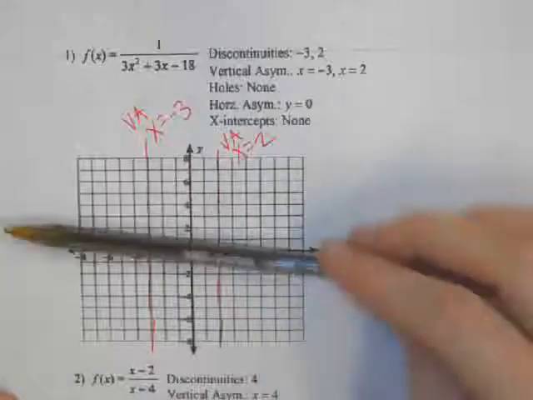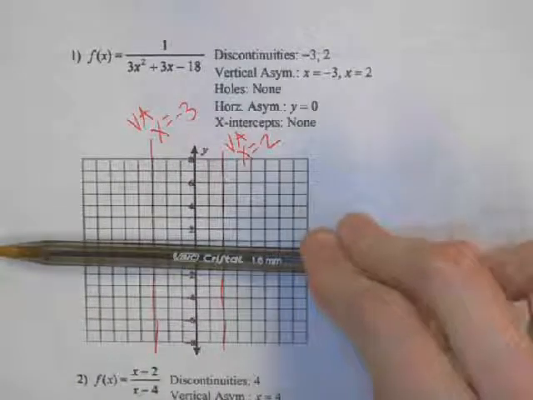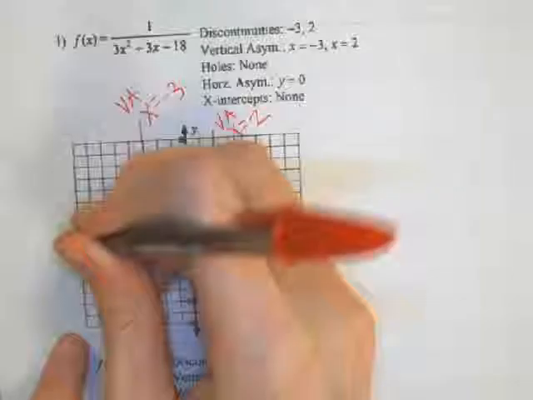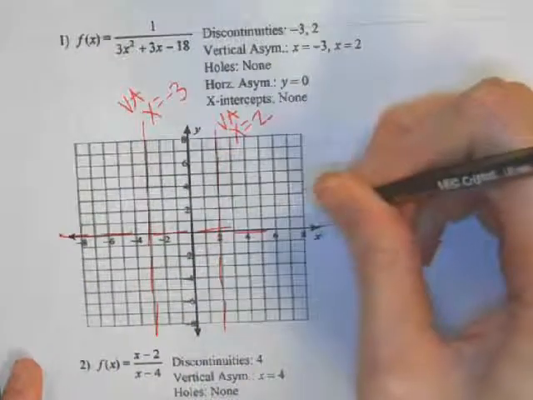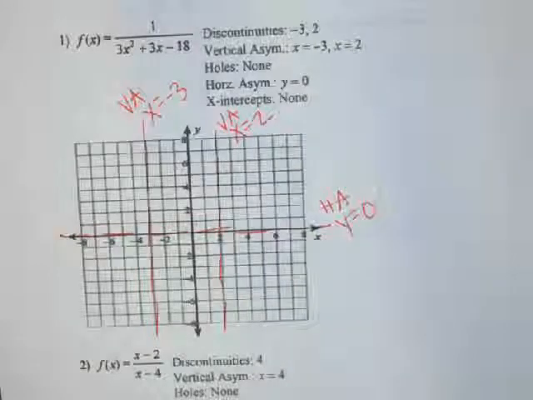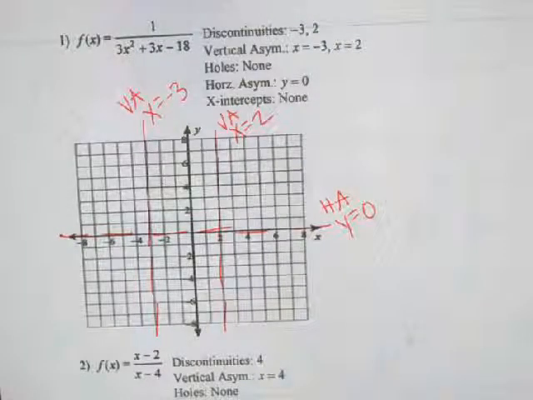It's on top of the x-axis. So the HA is your x-axis right now. That's your horizontal asymptote, y equals 0. Do we have any holes? No, so we're not going to have any open circles anywhere.